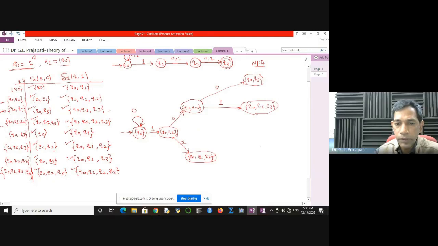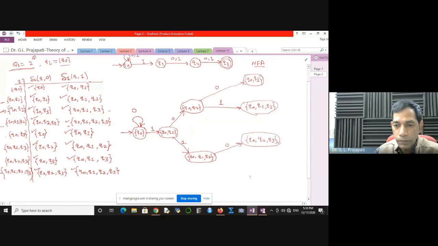So you can write here somewhere else Q0 Q2 and Q3. This is one state, and you can mark this as the state like this, and this is for the case of 0. And for the input 1, you are going to Q0 Q1 Q2 and Q3.